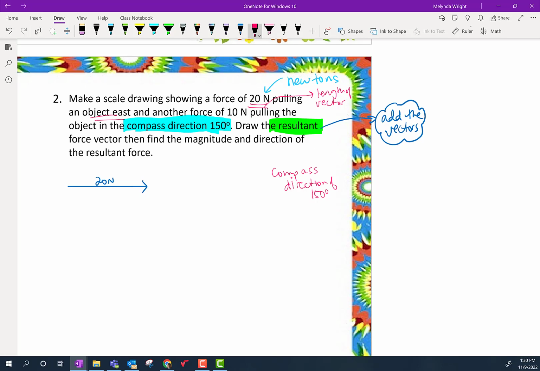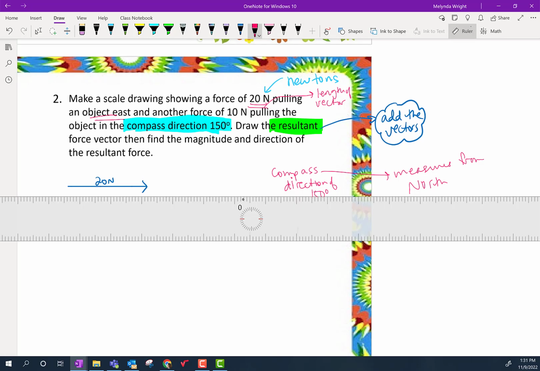Normally in Precal, we start our angle at the x-axis and we rotate like that. That's how we measure in Precal, if we're not in context. But if we're in compass direction, it measures from the north line. So if they say compass direction, we're supposed to be measuring from the north.